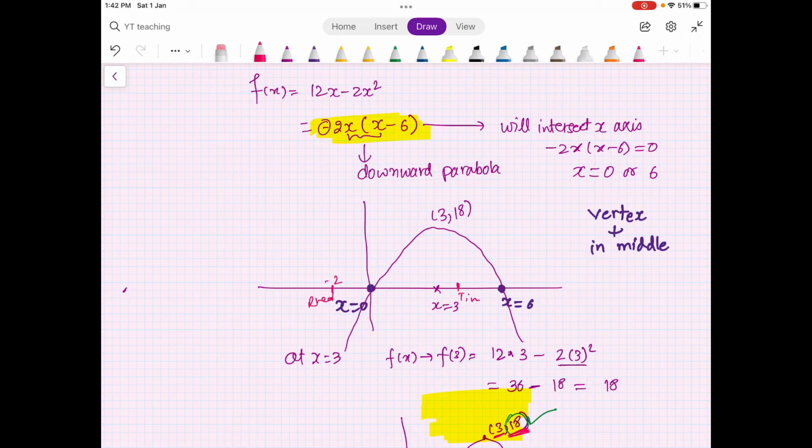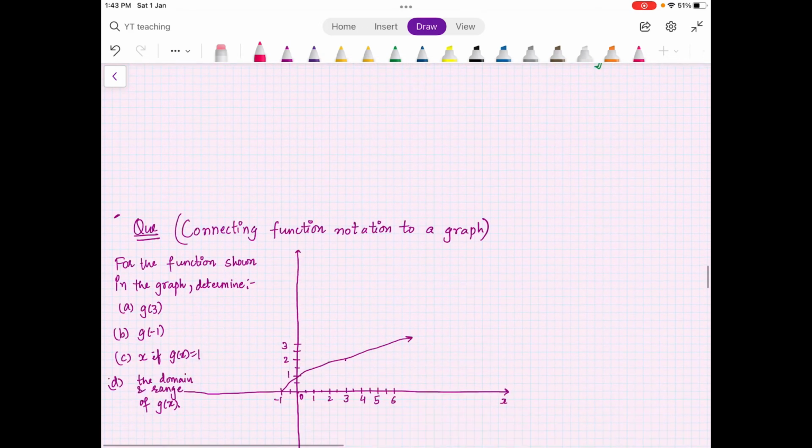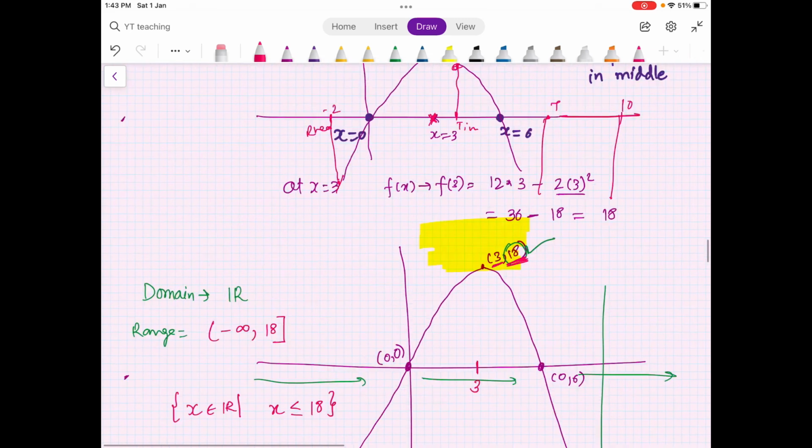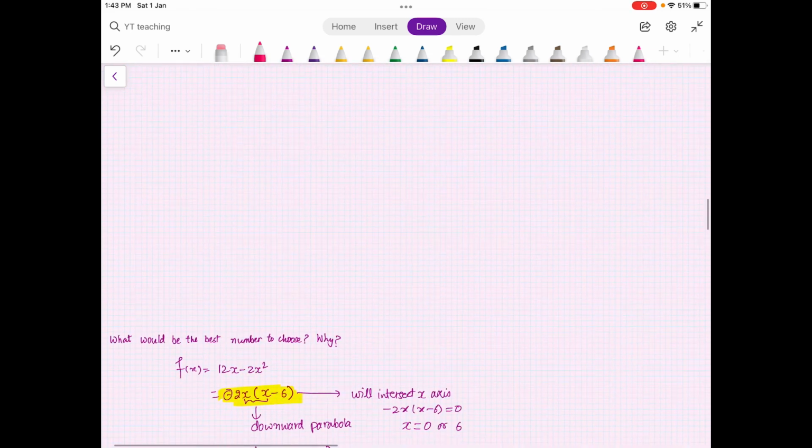Then for Sarah it was 7, and for Andy it was 10. So they are below, right? So Tim gets to eat the last pizza slice. If somebody chooses 3, he or she will for sure win. So the best number to choose is 3.